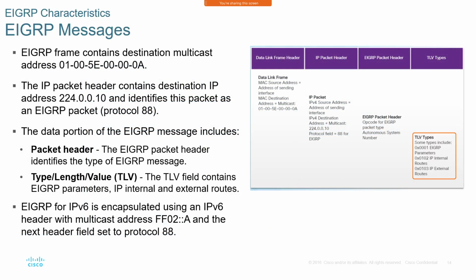EIGRP message. As we already saw, an EIGRP message is a message that is sent to all the routers in the 224.0.0.10 multicast group address. When we are talking about 224.0.0.10, that is going to be the destination IP address of the EIGRP packet, but we also need to have a destination address for the frame of the EIGRP packet.